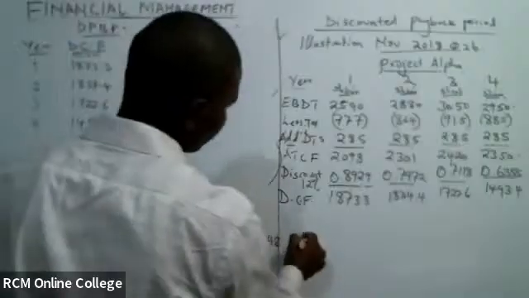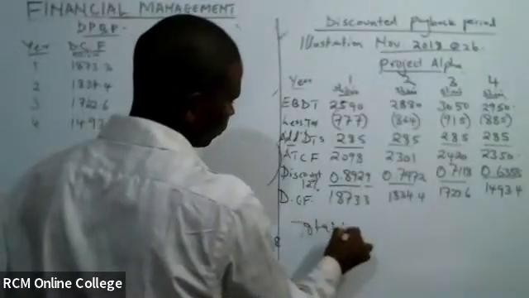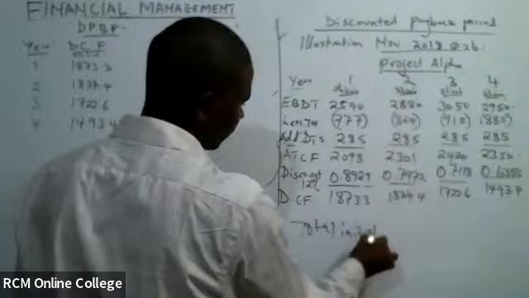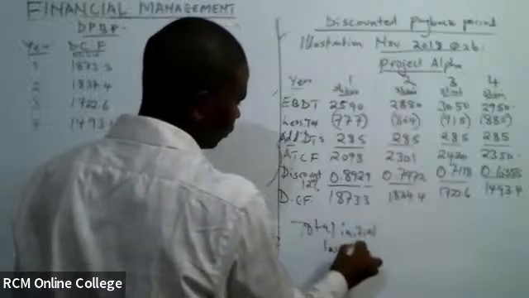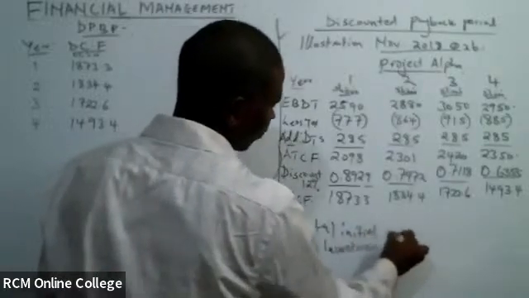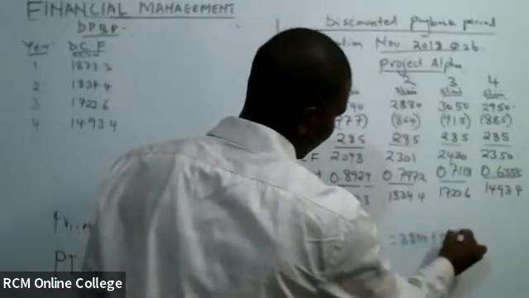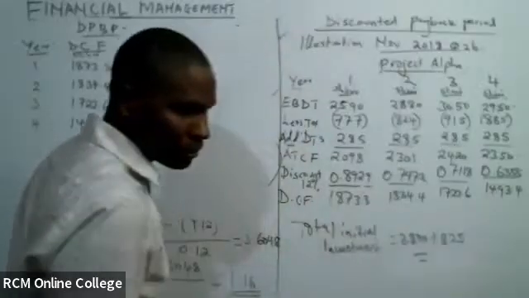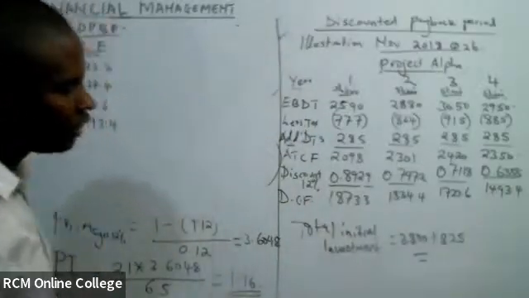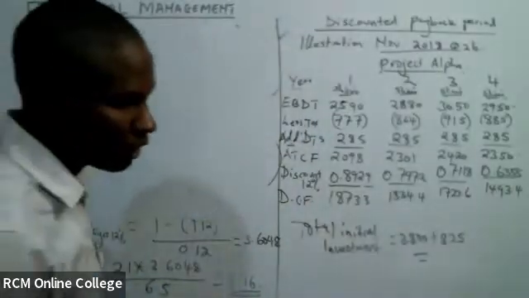So what is our total initial investment? It will be 3800 plus 825. What total do you get?